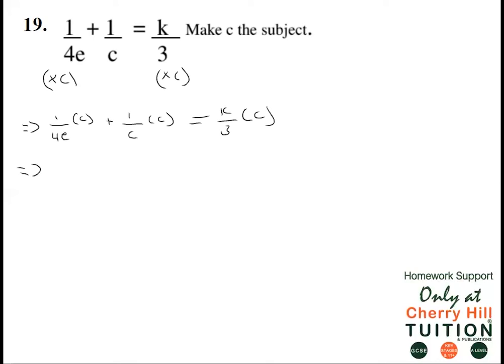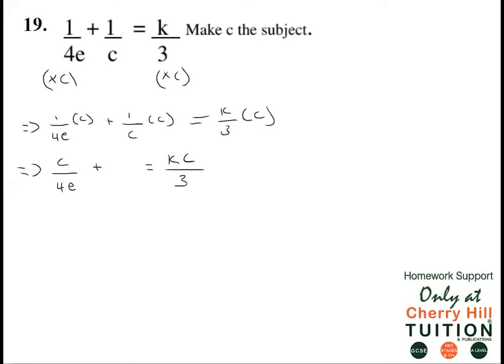Now, 1 multiplied by c is c, which is over 4e, plus 1 multiplied by c, which is c over c, and this is equal to k multiplied by c, which is kc over 3. Okay? So we can simplify this because c over c, something divided by itself gives us 1.